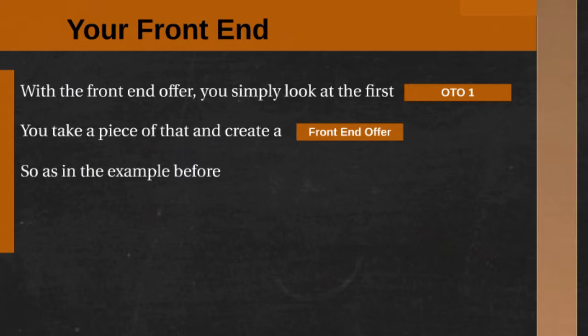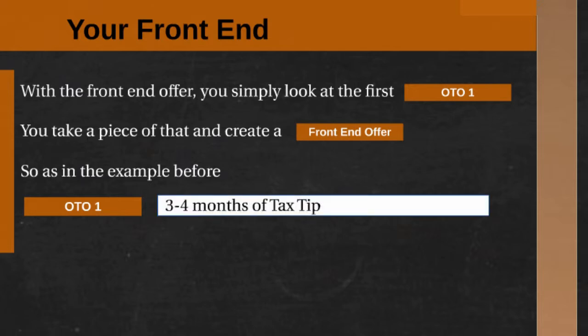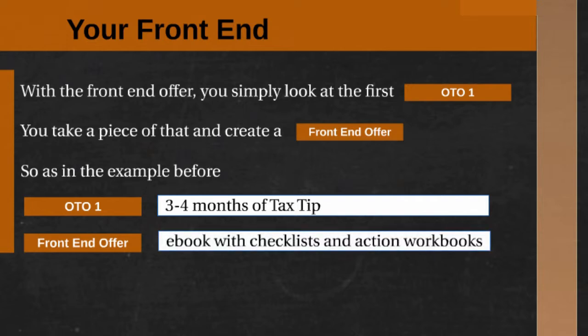So as an example before, the one-time offer number 1, with the example before, would be 3 to 4 months of tax tips. So with taxes always updating and regulations and things like that, you got 3 to 4 months of tax tips. Then the front end offer of that, if you grab a piece of that, will essentially be maybe an ebook with checklists, action workbooks.